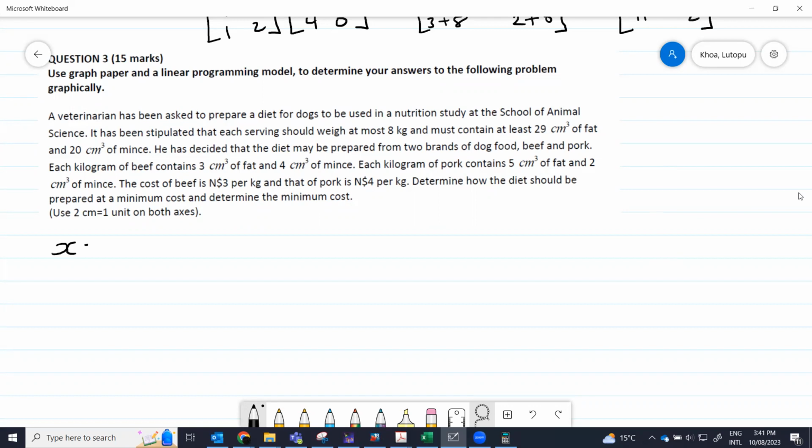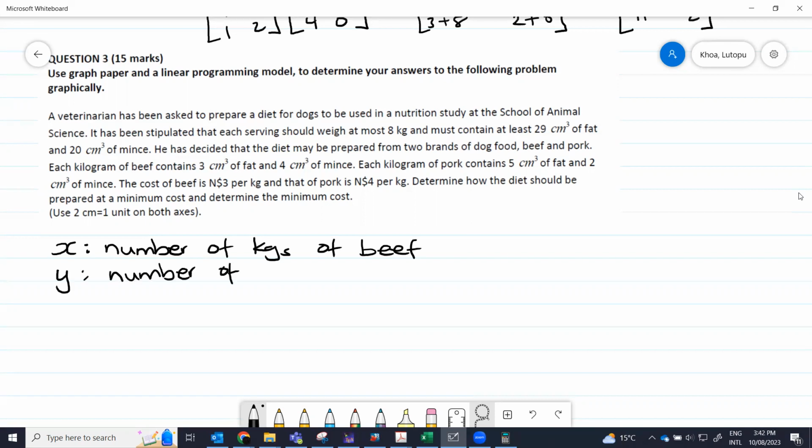So your variable x, this is the number of kgs of beef, and y, this is the number of kgs of pork. Okay, so your variables must be correct.